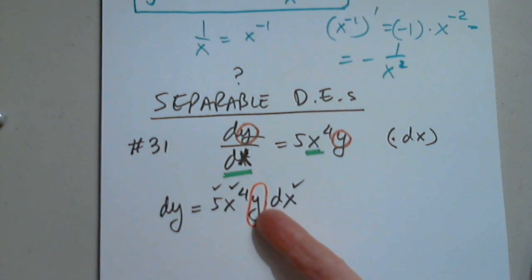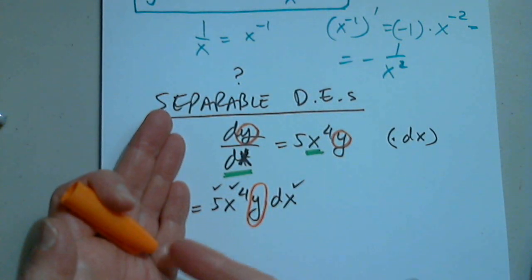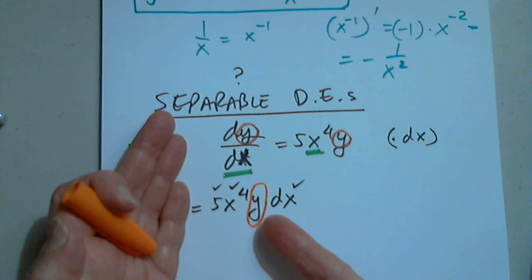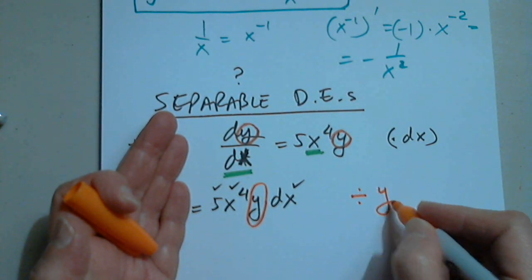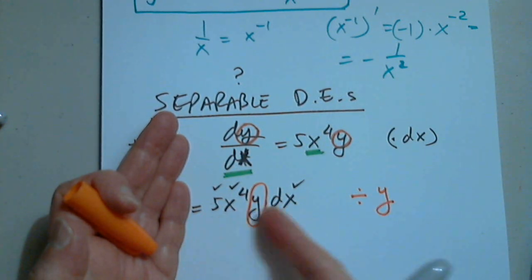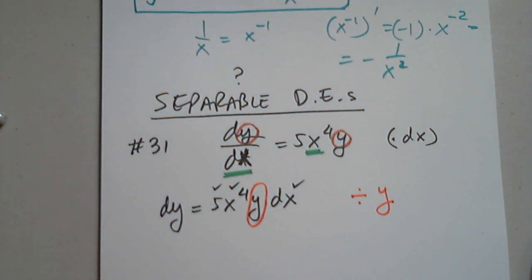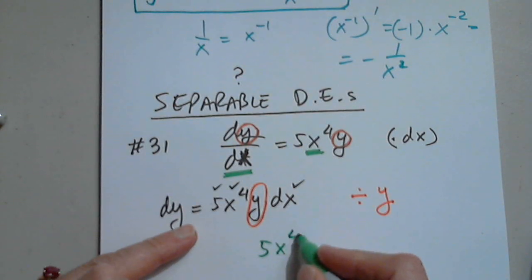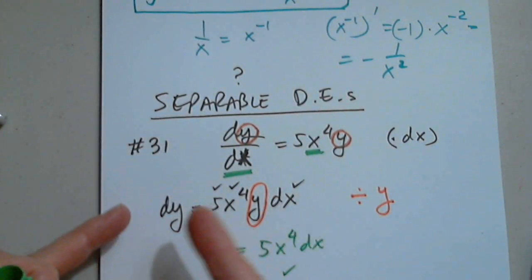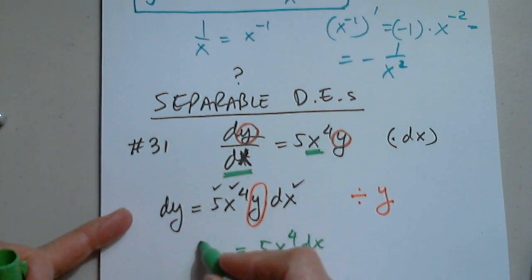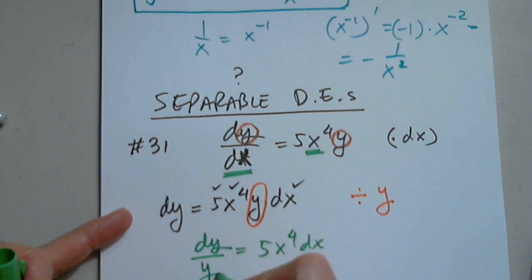I want this y somehow to end up on this side. I cannot remove it unless I divide both sides by y. When I divide this side by y, all I'm left with is 5x to the 4th dx. Awesome, that's good. When I divide this side by y, I have to write dy over y.